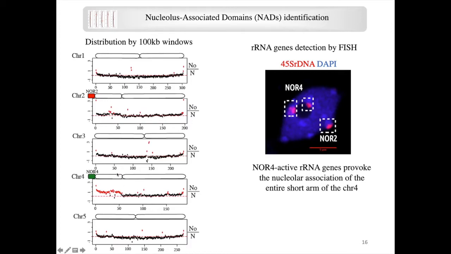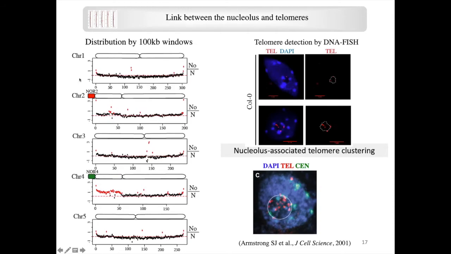In addition to the short arm of chromosome 4, we also have a smiley shape, which means that the ends of chromosomes associate with the nucleoli. This corresponds to telomeric and subtelomeric regions, and indeed, some years ago, the work of Susan Armstrong, as well as Paul Fransz, revealed that telomeres tend to cluster at the nucleolus.